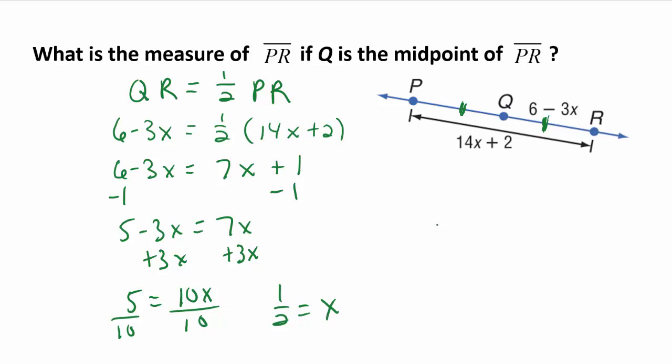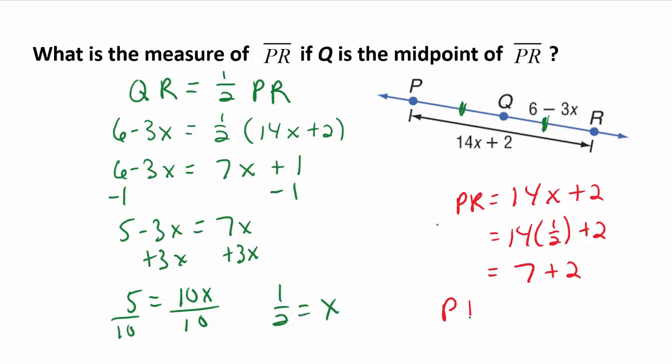We need to plug that back into PR, and PR is equal to 14x plus 2. Plug in 1/2 plus 2. 14 times 1/2, or half of 14, is 7 plus 2. And now we are left with PR is equal to 9.